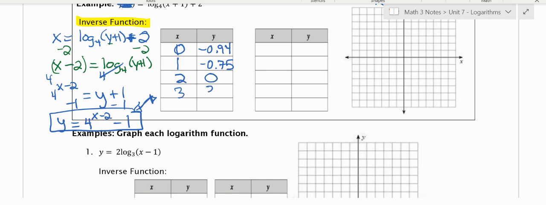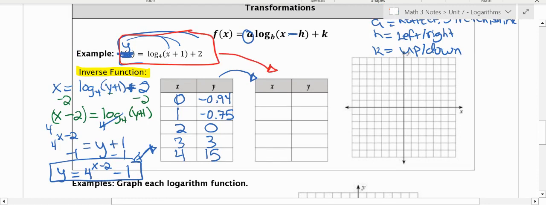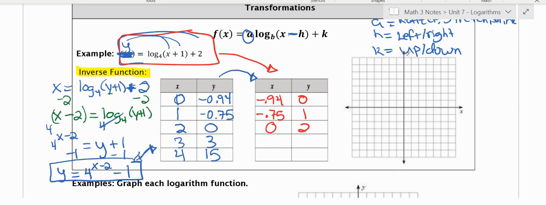I had 3 and 3, and 4 and 15. So if I want to graph my original function, which was this one right here, I could just simply flip it around now. And now this would be what I can plot.